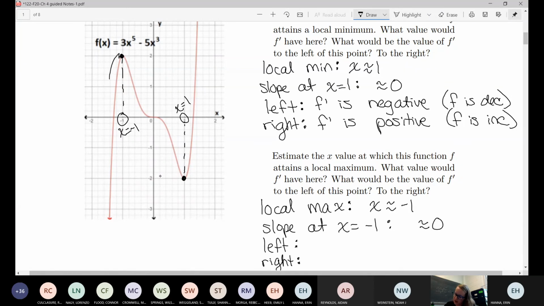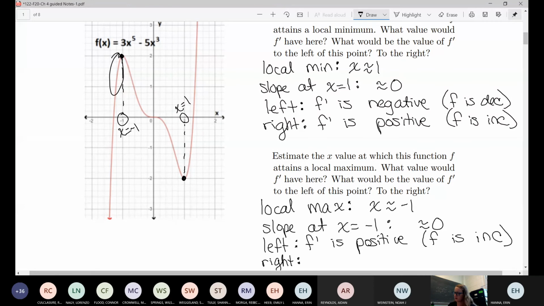If we look at the left side of this, we have an increasing piece for the function. So if the original function is increasing, what's our relationship to the derivative? It means the derivative is positive. And one of my screens is lagging a lot. Hopefully it pops up in a second. So to the left, the derivative is positive, since the original function is increasing.